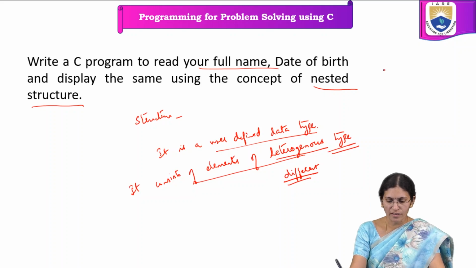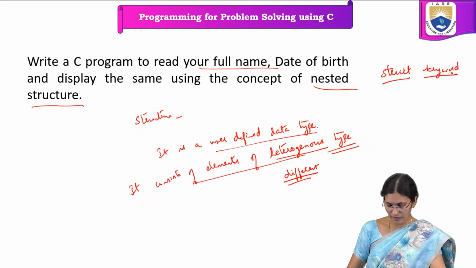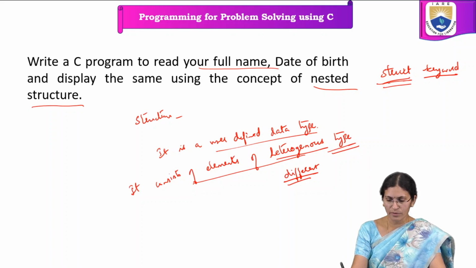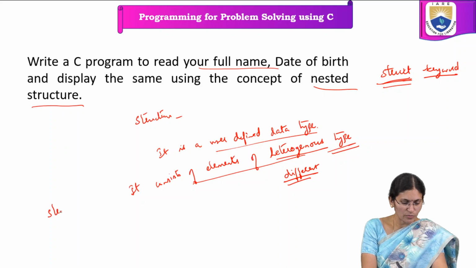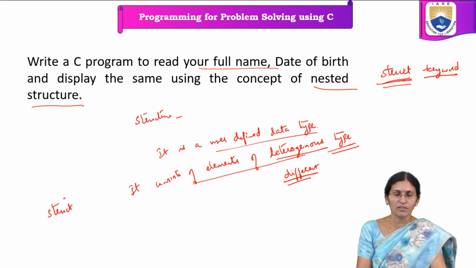Struct is the keyword used to declare a structure. We'll discuss in detail various programs based on structures. Whenever we need to declare a variable of type structure, we use the keyword struct followed by the struct name, and inside the brackets we declare the members.